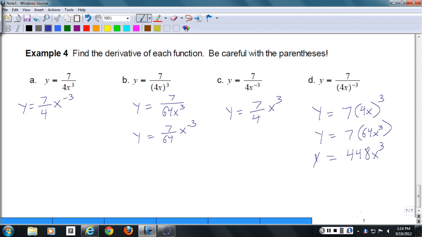Why didn't we just pull the x out like we did for the rest? For this d part, because of the parentheses, and because we had a negative exponent on the parentheses. I suppose I could have worked in the denominator first.